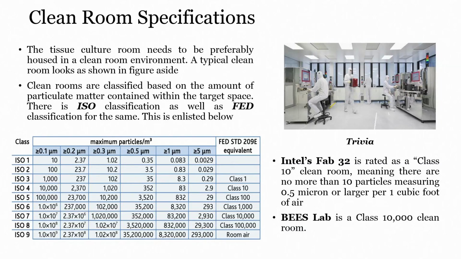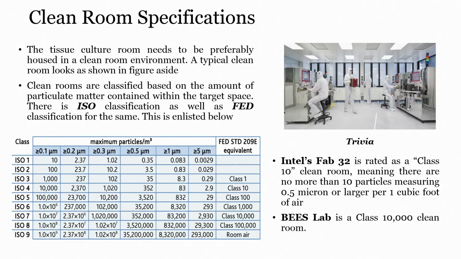A typical clean room looks as shown in the figure here. You can see this is a clean room, and you have to wear a gown to avoid any contamination, right. It is a typical clean room for fabricating devices. But we can work around if we have a class 10,000 clean room environment.